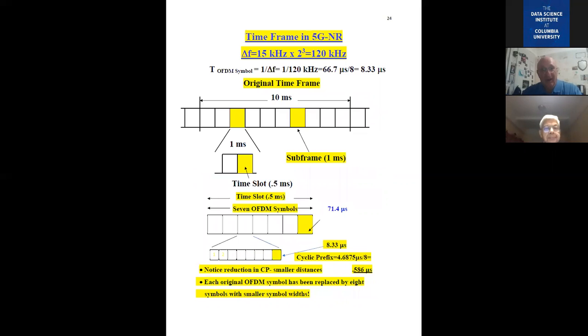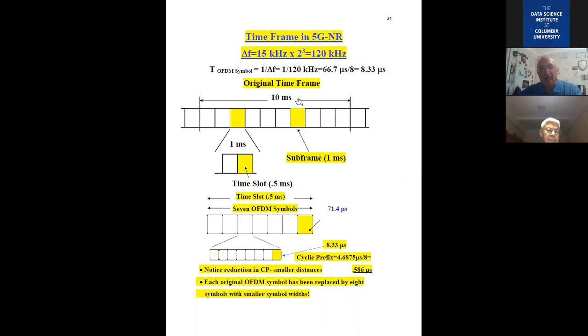Okay, just to illustrate the point of this, if I come back here to the original 3G, 4G idea where you had a, let me go to the half, here's my half millisecond time slot. Each one of these is an OFDM block. This is my 71.4 microsecond OFDM block with a 4.6878 microsecond cyclic prefix.